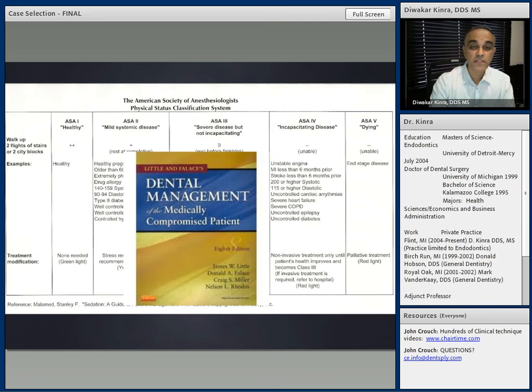It's Little and Felice's Dental Management of the Medically Compromised Patient. This will really help you understand your patient's medical history and how to better treat those ASA class 2, 3, and 4 patients so they will become more simple and you can treat them in your office and you don't have to refer them.